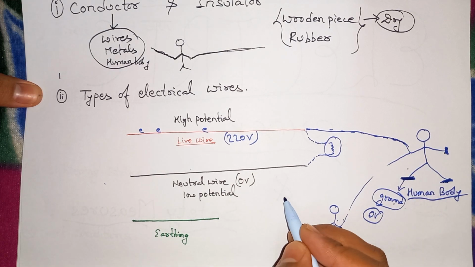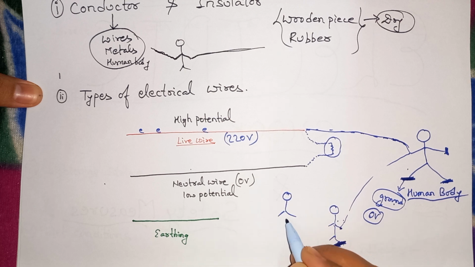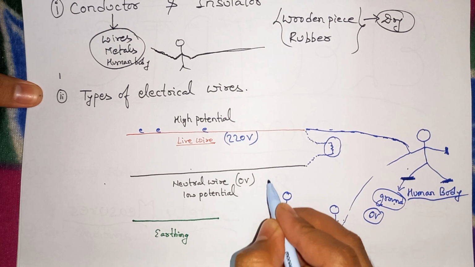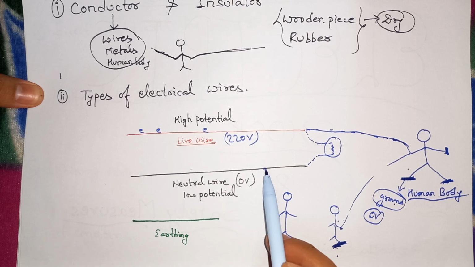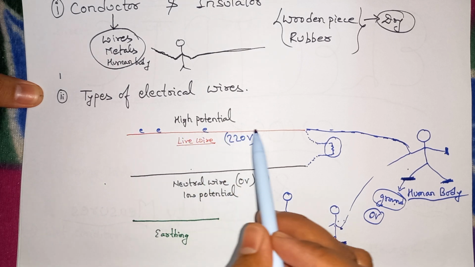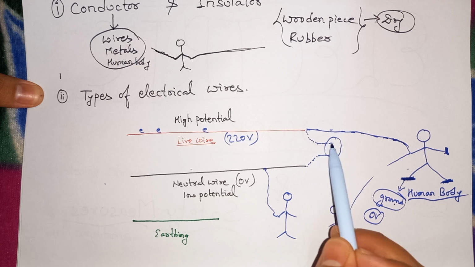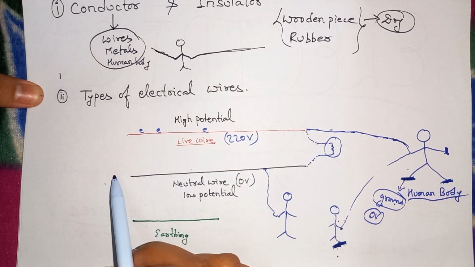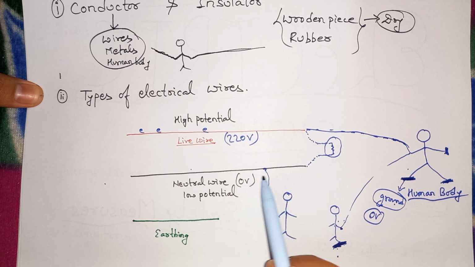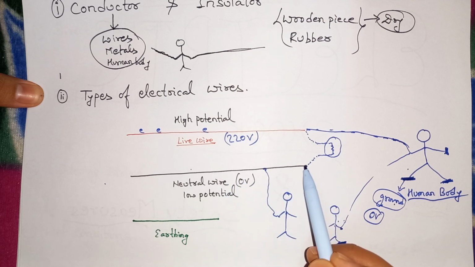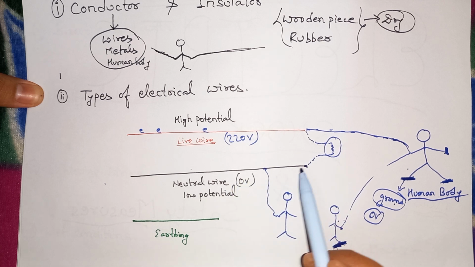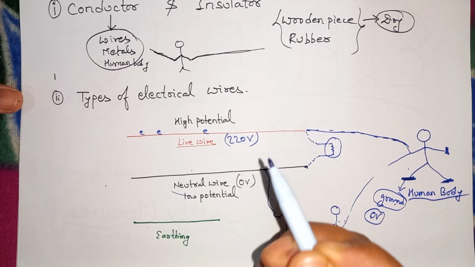Now there may be another question about the human body. Suppose this is a human being, and he or she touches this wire. Electricity comes from here, electrons flow from here, go to the electric bulb, and the electrons return from this path. As soon as the electron comes in contact with the neutral, this neutral wire has a minimum resistance.